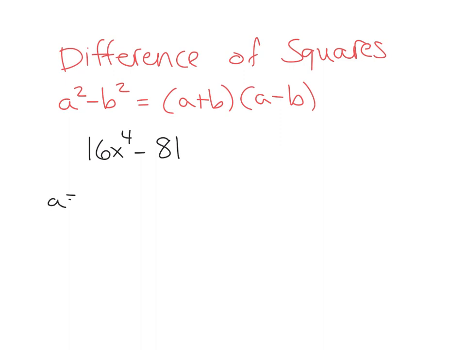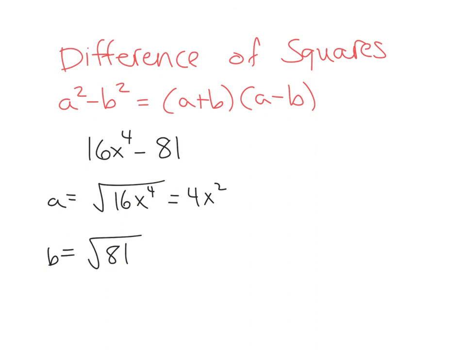So for a, we're going to do the square root of 16x to the fourth, and then for b, the square root of 81. Now, the square root of 16 is 4, and the square root of x to the fourth is x squared. You might be wondering how that makes sense.